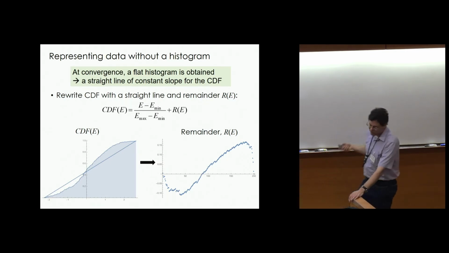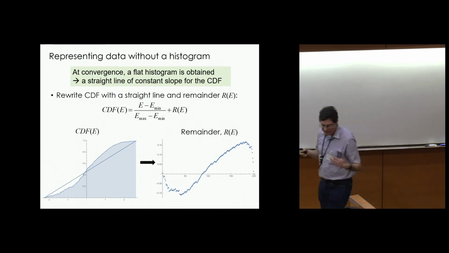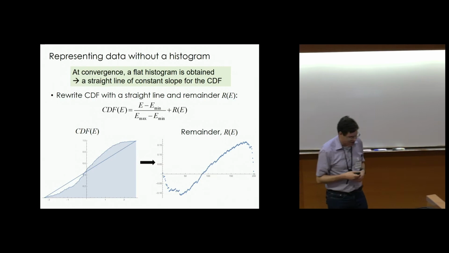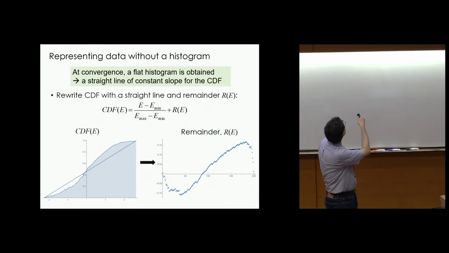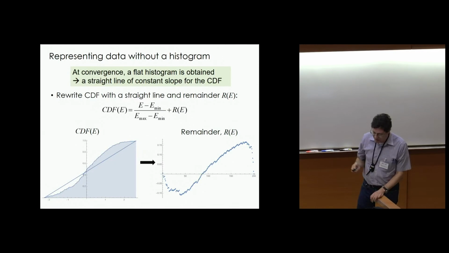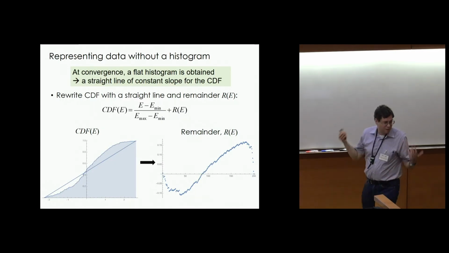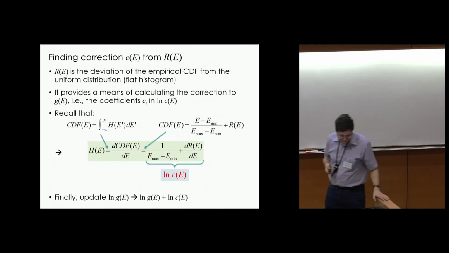In practice, since we have a guess that's off, we'll get something that looks like this. So we subtract the straight line and we get some remainder, which is either just noise around 0, then we are done, or looks something like this.